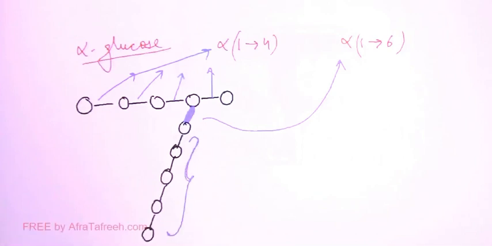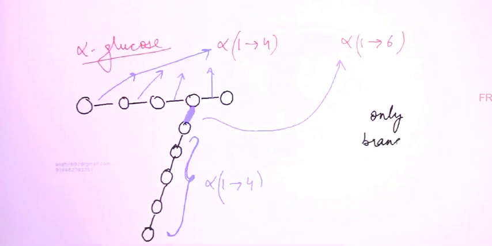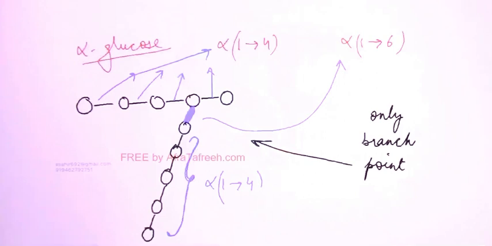See, this is a branch chain in this structure, but all these glucose residues are again arranged in a linear sequence. So all these bonds will be alpha-1,4 bonds. So to be very precise, we should say that only the branch point is alpha-1,6. Only the branch point, one point, right? Not the full branch is alpha-1,6, right?